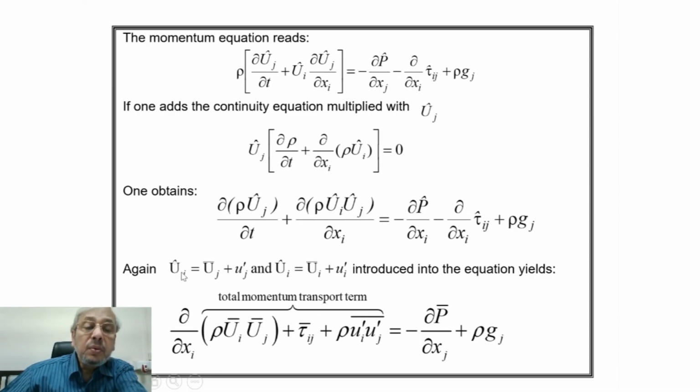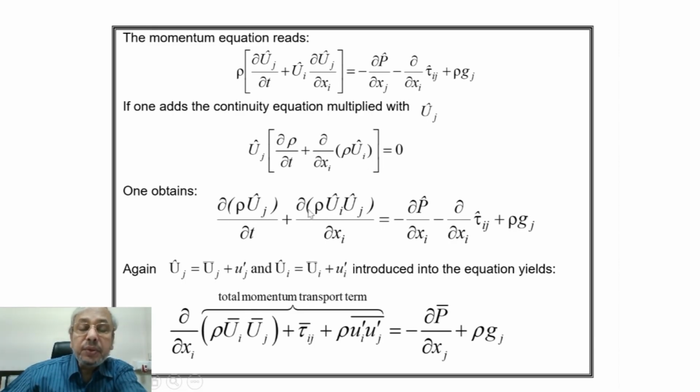Again, uj hat is uj bar plus uj prime, and ui hat is ui bar plus ui prime.